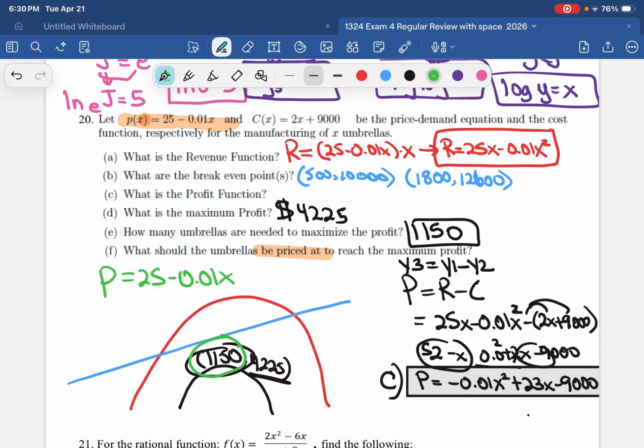And I'm going to take the X value that maximized the profit and put it in there. And so I'm going to do 25 minus 0.01 times 1,150. And I'm just going to type it in my calculator that is right here beside me. And I get $13.50.